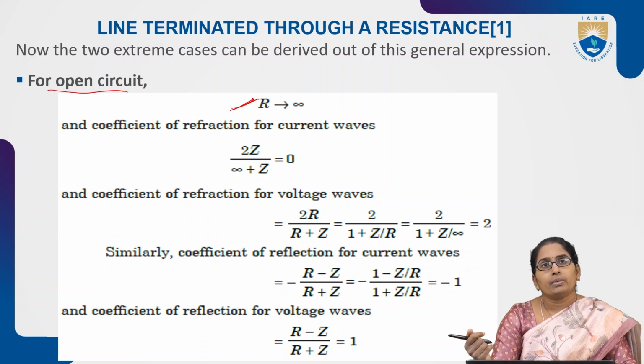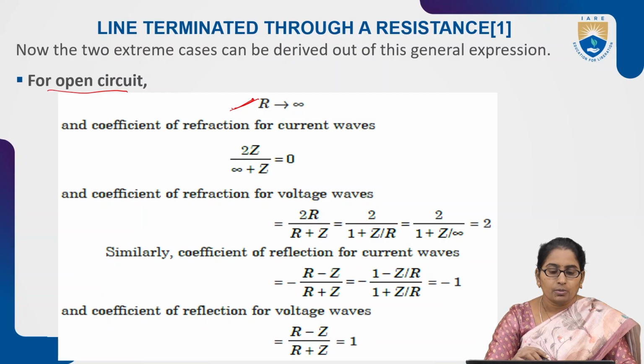So for the open circuit case, what is the current value? If we recollect, whenever it reaches the receiving end, voltage becomes twice and current becomes 0, right? That's why we say that current becomes 0 means current is reflected back with a negative value.